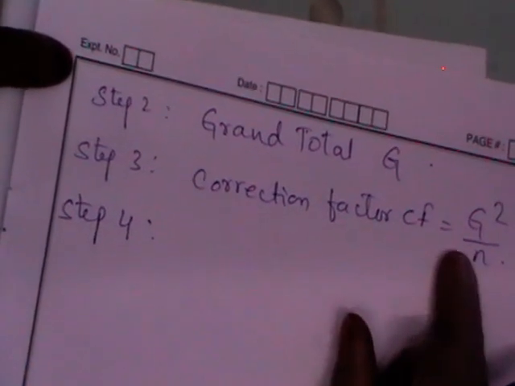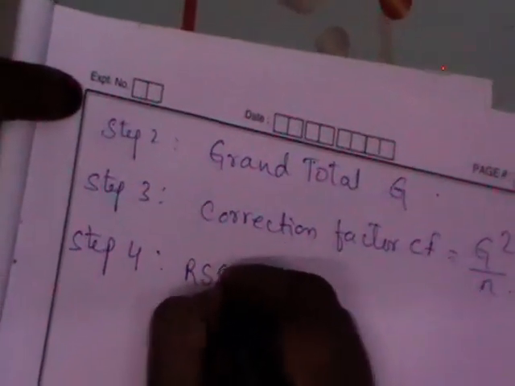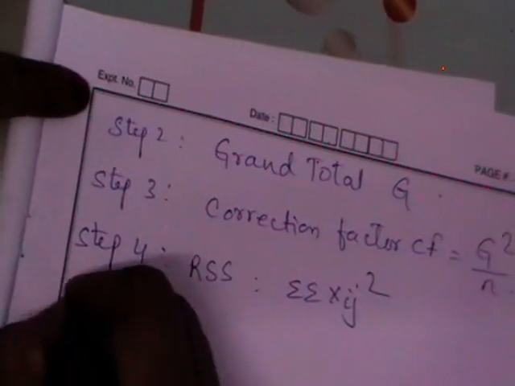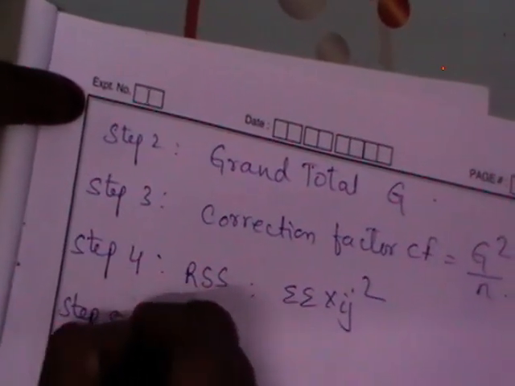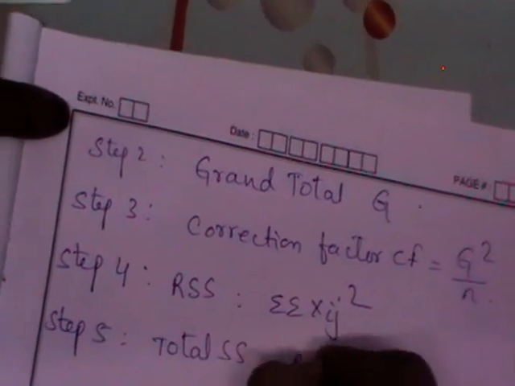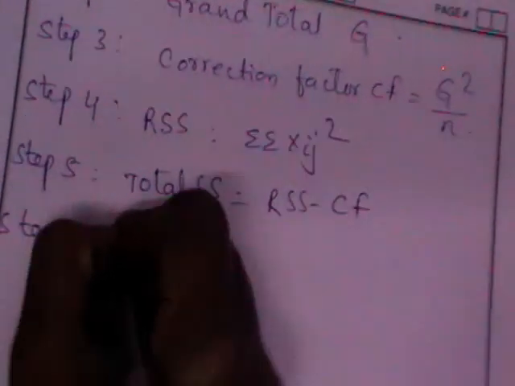Then step 4 is to calculate the raw sum of squares, and step 5 is the total sum of squares, which is RSS minus CF.